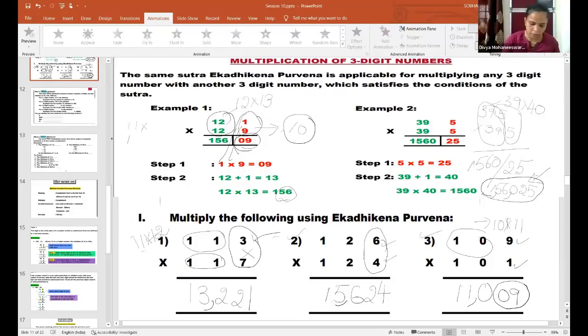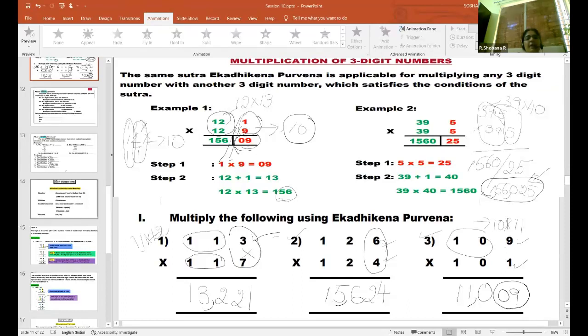It's like this, ma'am: 11 into 12 into 17. She's asking whether we can use this to multiply three numbers where the ones digits add up to 10 and the tens digits are all the same.